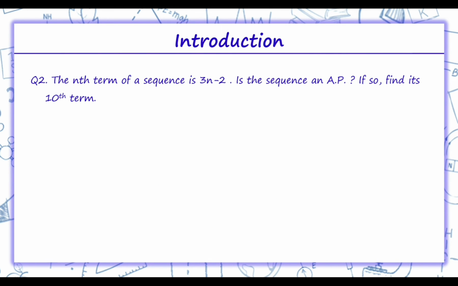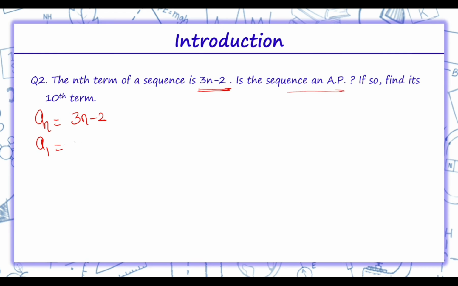Coming on to next question. The nth term of the sequence is 3n minus 2. Now we have to show the sequence is an AP. Is the sequence an AP, and if so, then we have to find its 10th term. Nth term, that means an is 3n minus 2.